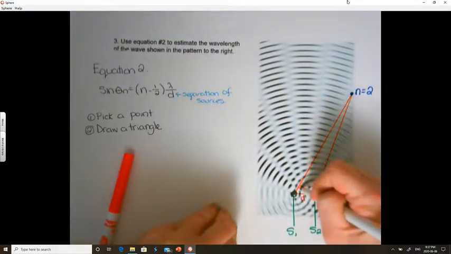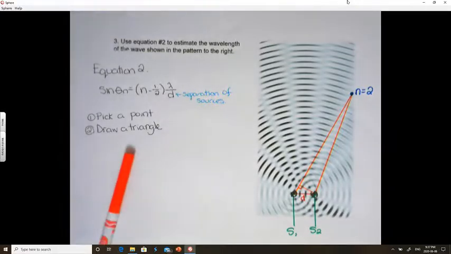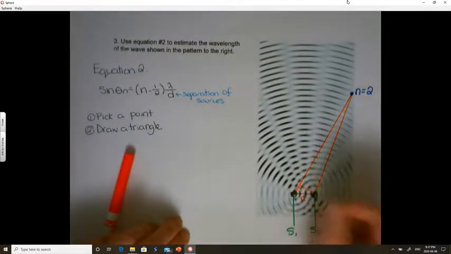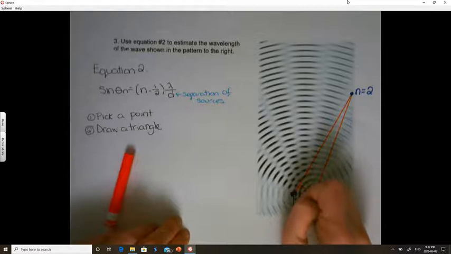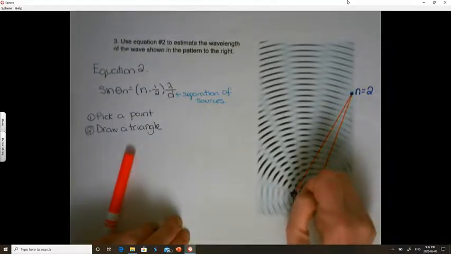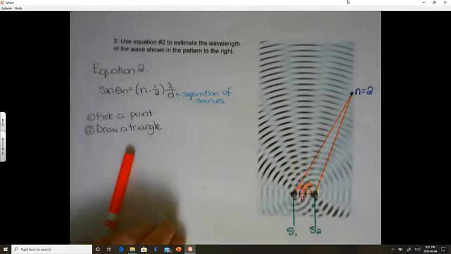So this little angle here is a right angle. This d value becomes the hypotenuse of that little teeny tiny right triangle. And then this angle here, that becomes our theta n value. In this case, n is 2, so that becomes theta 2. That's what that angle is there.